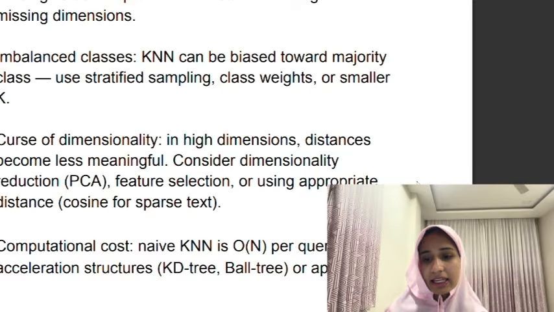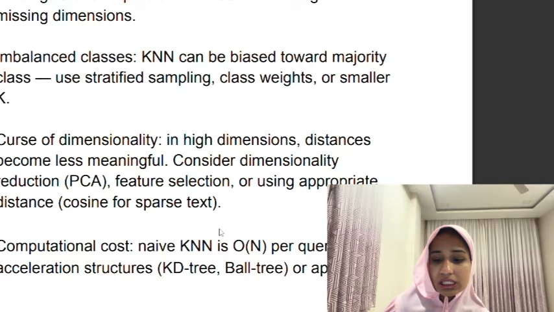Imbalanced classes: KNN can be biased towards the majority class. Use stratified sampling, class weights, or smaller k. Curse of dimensionality: in high dimensions, distances become less meaningful. Consider dimensionality reduction like PCA, feature selection, or using an appropriate distance.